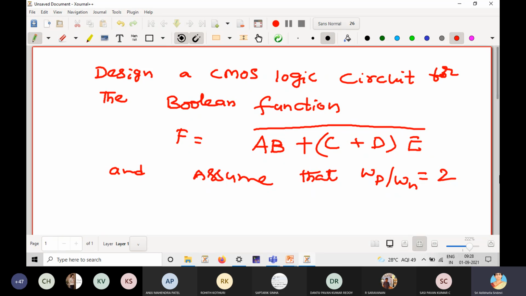Taking that basic width, you have to size the network. Assume WP by WN equals 2.